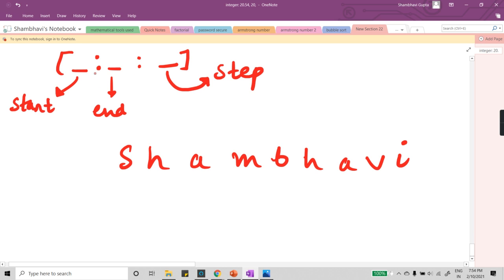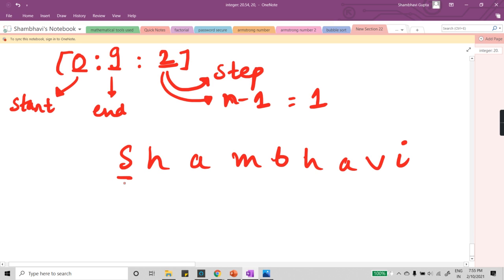Let's say I write start as 0, end as 9 and step as 2. This step also follows the same n minus 1 rule, so here I would be getting 1. It will leave one character after each character.